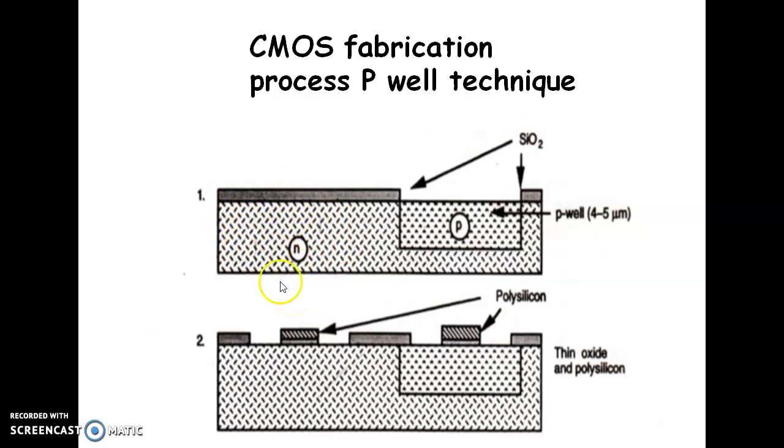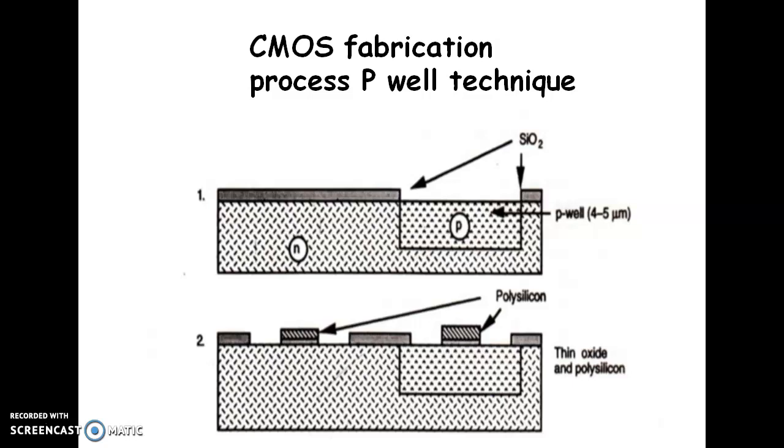So in the N substrate, PMOS is formed. In the P-well, NMOS is formed. Then the suitable diffusions will be carried out. Suppose we want to form the NMOS here, N plus diffusion should be done. Here P plus diffusion should be done. Both transistors' gates are made of polysilicon, and beneath the polysilicon gate we will have a thin oxide layer.